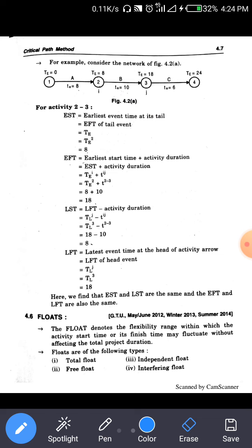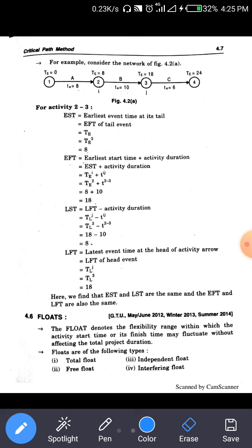So TEI is equal to 8, because we have already found the value 8. So the earliest event time of its tail, the earliest finish time of the tail event, is the earliest starting time of activity B. Then the earliest finish time is the earliest starting time plus the activity duration. So the earliest starting time is 8 plus time duration 10, 8 plus 10 is equal to 18. So this one is the earliest finish time.